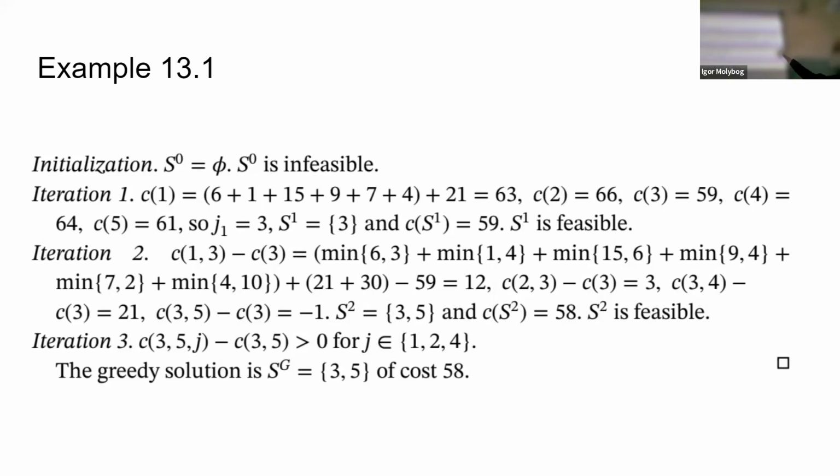And similarly, by producing a similar calculation, we can show that none of the differences here is smaller than 0. Therefore, there's no way to add on to 3 and 5 to improve the value of the objective function. Therefore, our greedy solution for this problem is in fact 35.